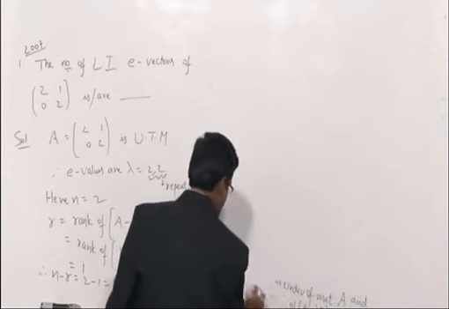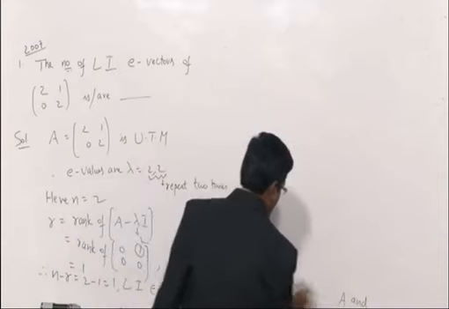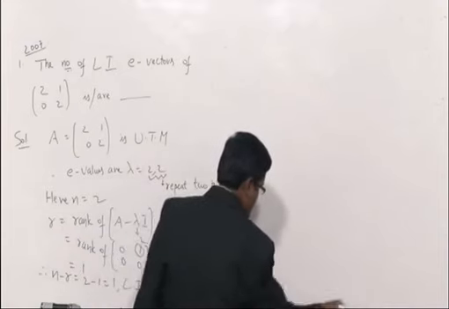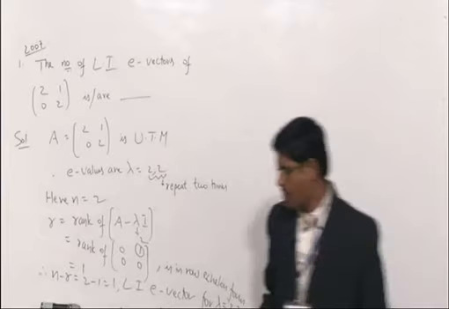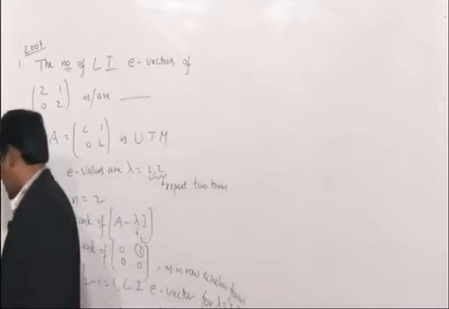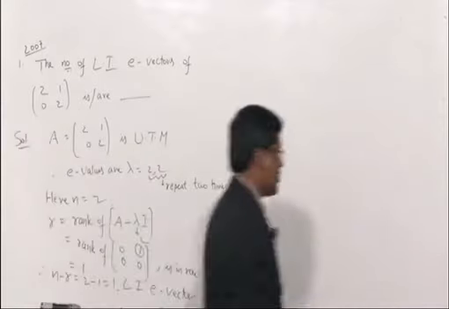R is the rank of the matrix A minus lambda I. N is the order of the matrix or number of unknowns. Number of unknowns corresponds to yesterday's chapter; order of the matrix is this chapter, square matrix.